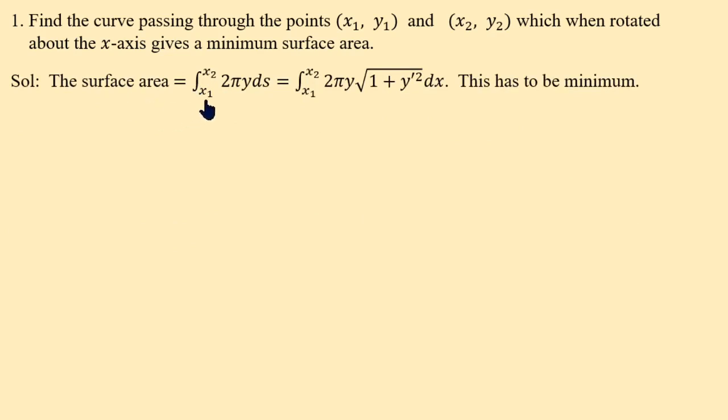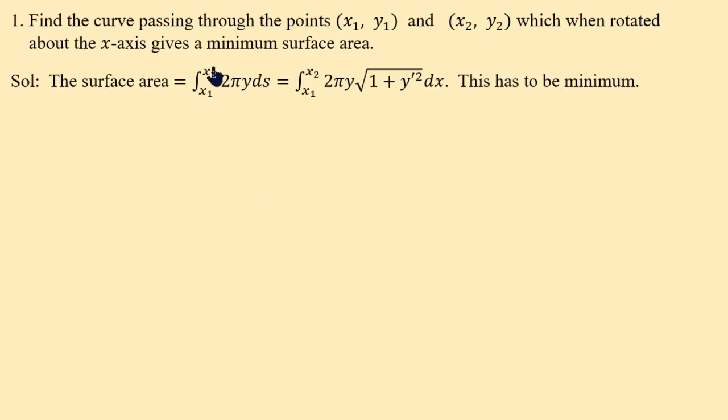Surface area is nothing but the integral from x1 to x2 of 2 pi y ds. See the logic here, 2 pi y. When you rotate about the x-axis, y is the radius, and it becomes one circle. The circumference of the circle is 2 pi r, that means 2 pi y, and that circle from x1 to x2 becomes the surface.